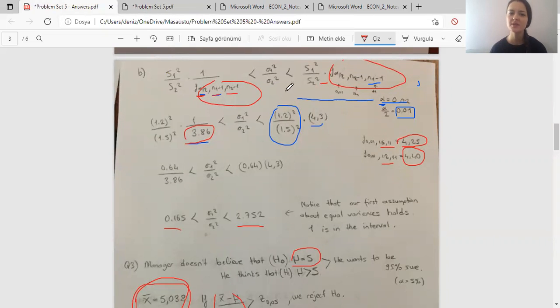But I remember there is something like 1 over f, if alphas are the same, but you change the order of the n values, they should be the same. I remember something like that, but I'm not so sure about it. Let me check it again. But if you look at the table for these values, at 1%, 11, 14, and 14, 11, they are different.